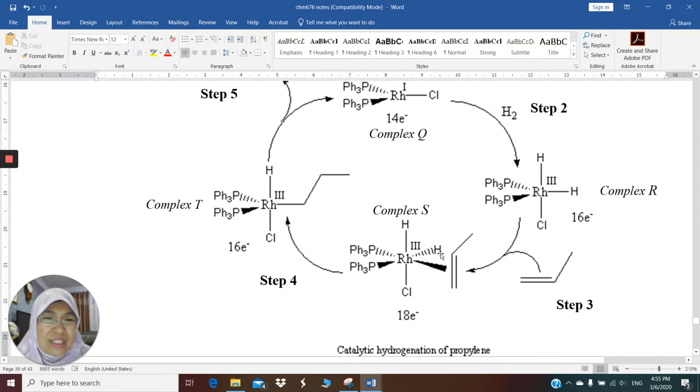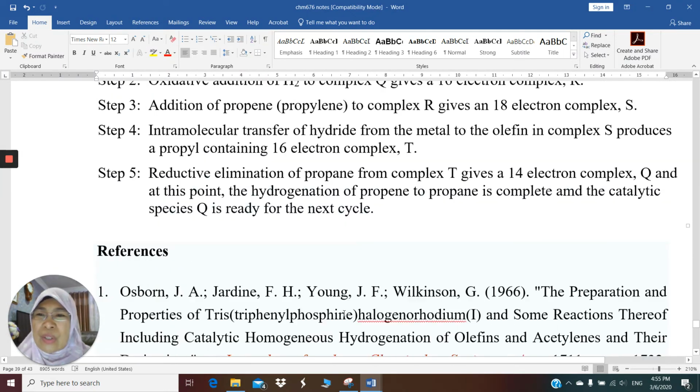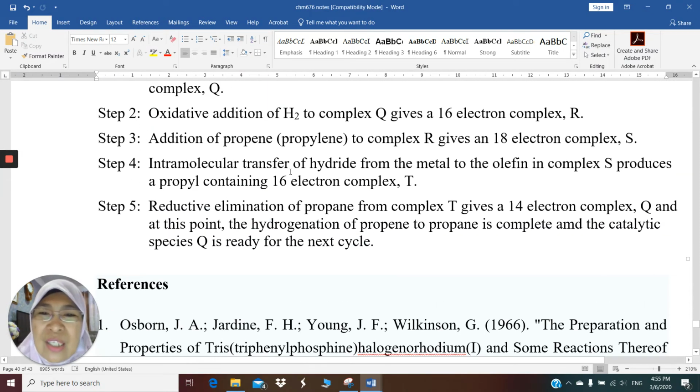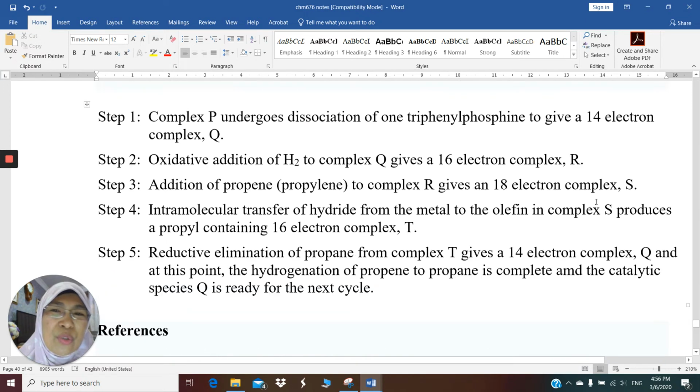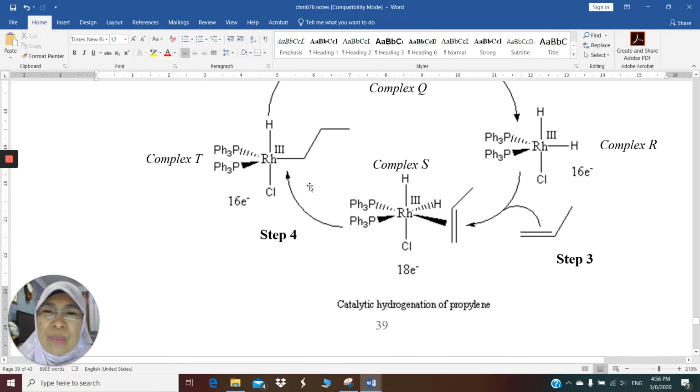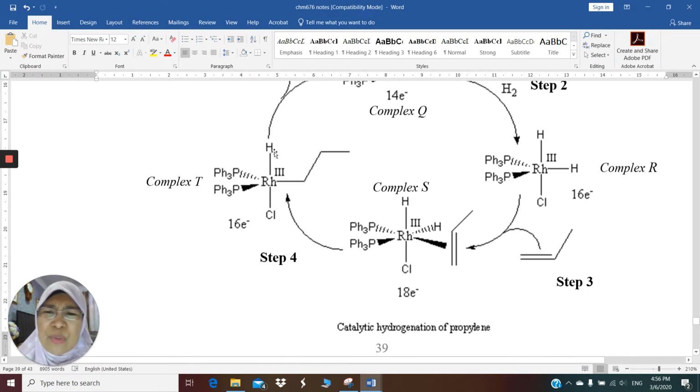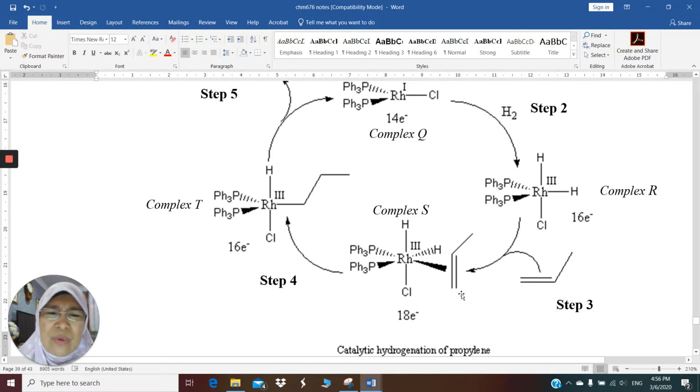So this hydrogen is going to hop onto the olefin. This is what it will do. So this double bond is destroyed. Step 4 is called intramolecular transfer of hydride from the metal to the olefin in the complex S. So the hydride or hydrogen is transferred from the metal to the olefin to produce complex T. So from olefin, it becomes an alkyl now.